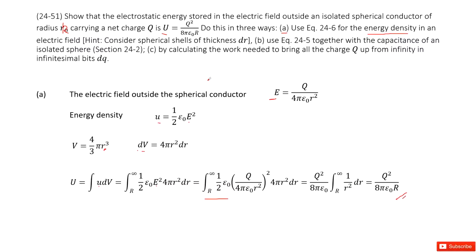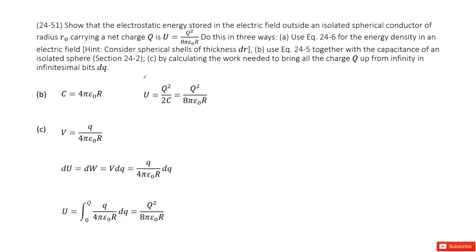The second way is to use the capacitance of an isolated spherical conductor. We can use the capacitance of this spherical conductor to find the electric energy. How can you do that? So easy, right? If you want to find electric energy, you just use the charge squared divided by 2C, right?